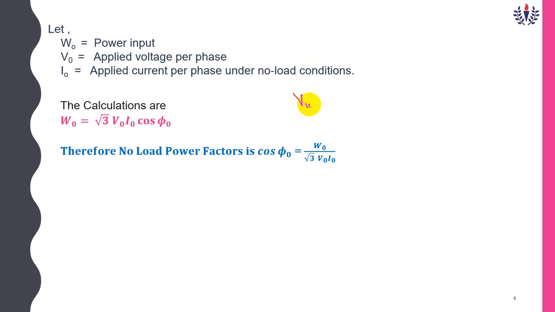In star, V line is equal to root 3 into V phase. That's why root 3 into V0 is coming. This is in star. Star for starting, delta for running.